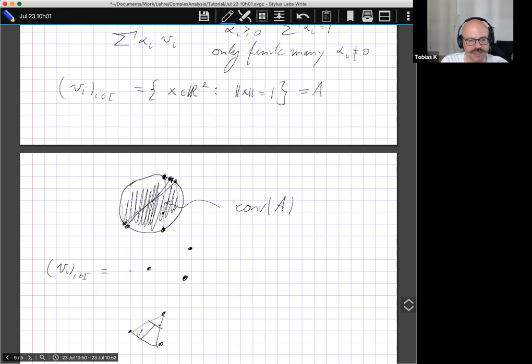You see, you get all the triangle. And the points in the triangle you cannot write as a combination of 2, you need at least 3.